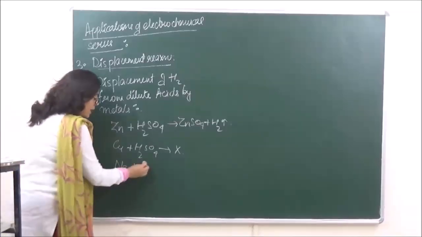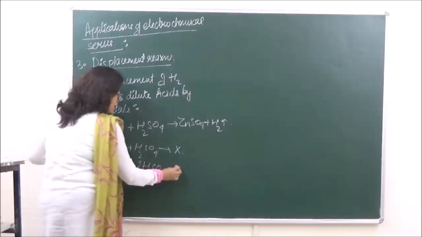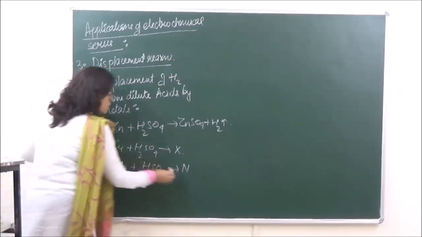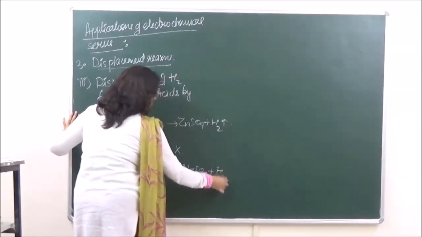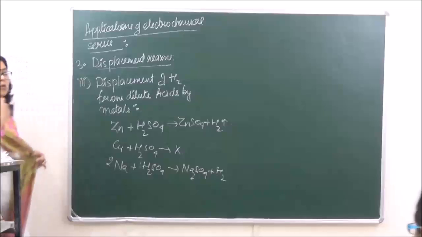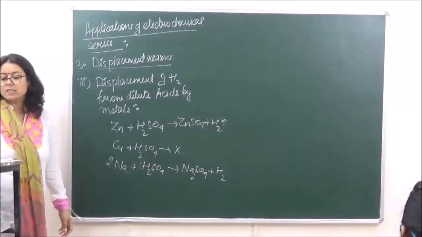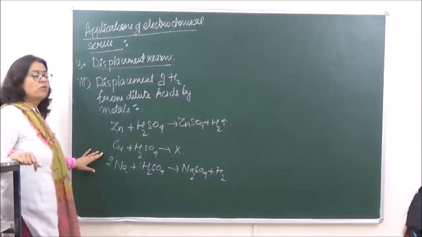So when Na reacts with H2SO4, it is going to give us Na2SO4 plus H2. So hydrogen is displaced even in this case, as sodium also has a negative value of reduction potential.